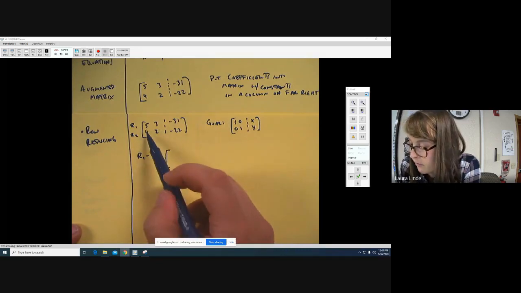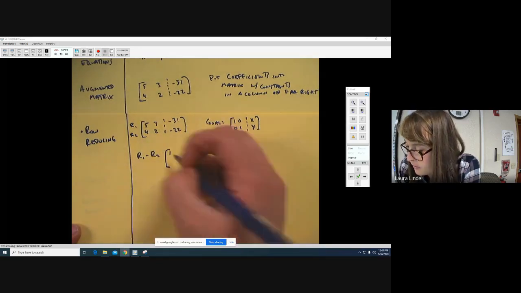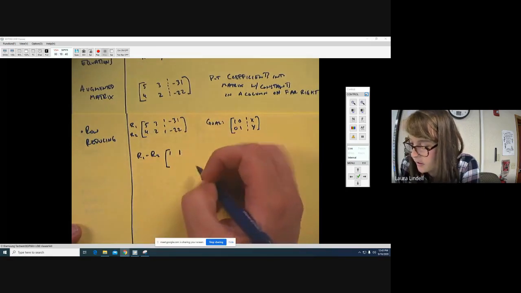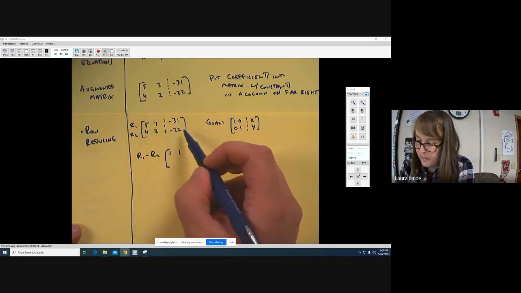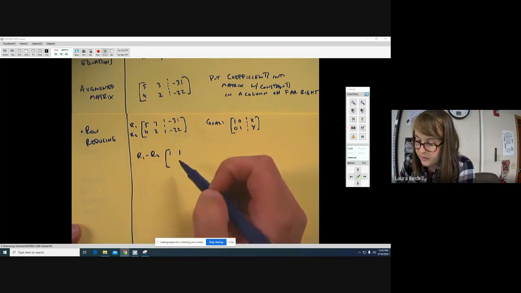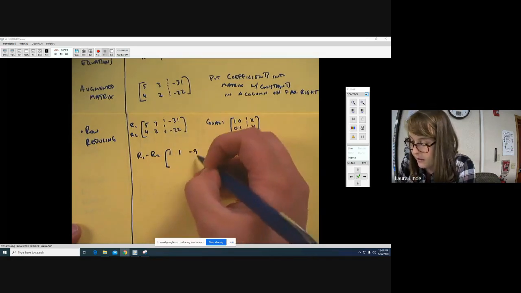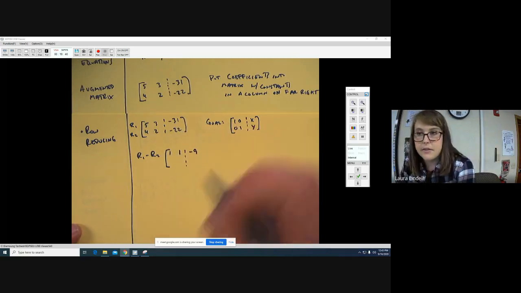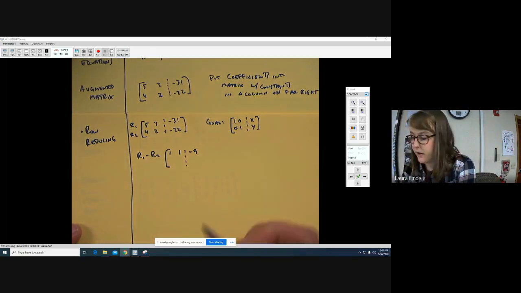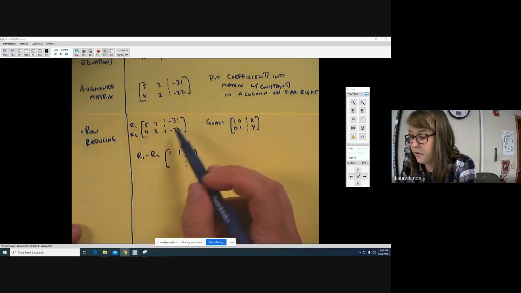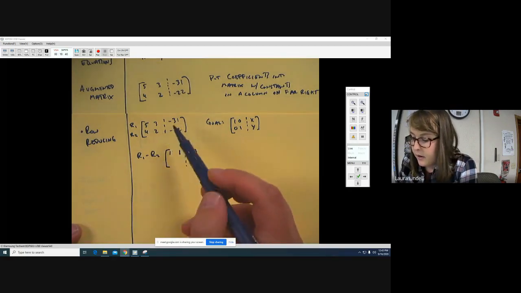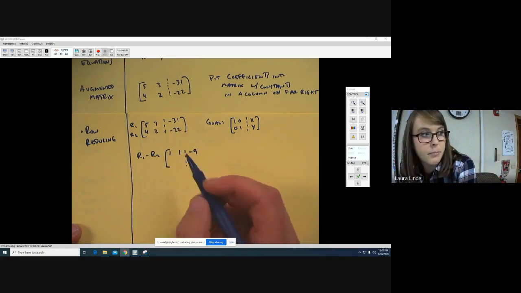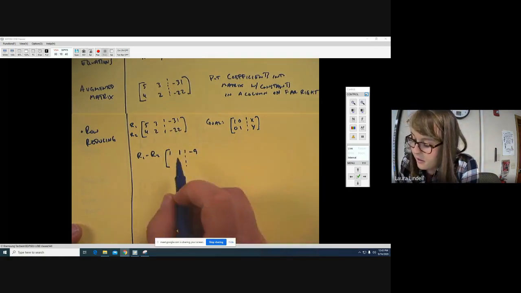So I would go 5 minus 4, which is 1. 3 minus 2, which is also 1. -31 minus -22, which is -9. When you're dealing with negatives in here, it's really easy to get tripped up as well. So you want to make sure that if you were to do this by hand, you either use a calculator to double check yourself or make sure you're 100% sure of your answer.